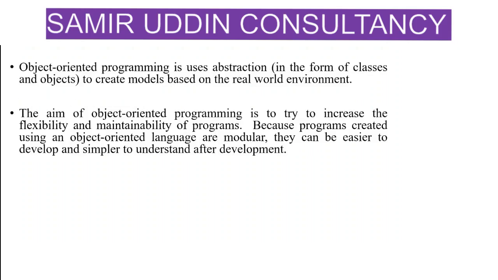Object-oriented programming uses abstraction in the form of classes and objects to create models based on the real-world environment. The aim is to increase the flexibility and maintainability of programs. Because programs created using an object-oriented language are modular, they can be easier to develop and simpler to understand after development.